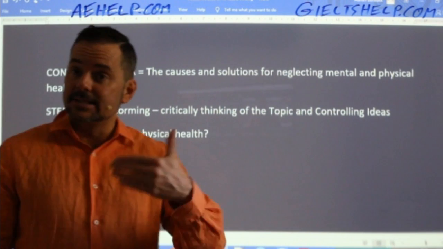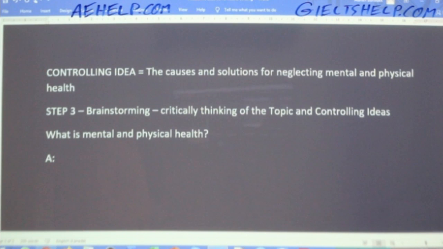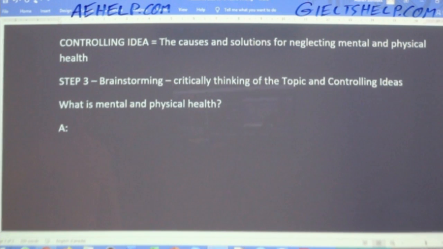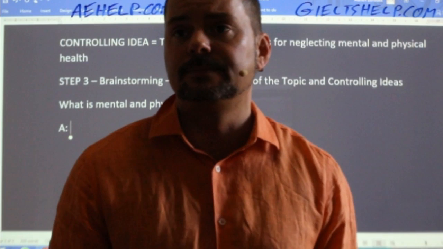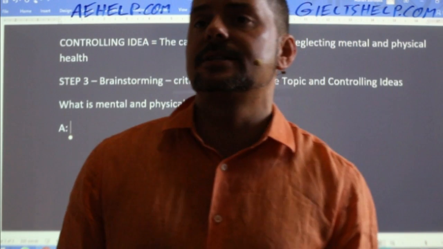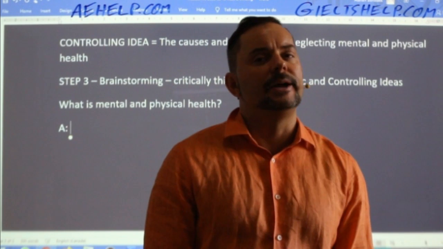Now, when you practice this, of course, it goes quickly. It's fast, okay? So what is mental and physical health? In your own words, define that for me. Give me your definition. Let's make sure that we're on the same page. So Elena says it's the ability to cope with day-to-day life.